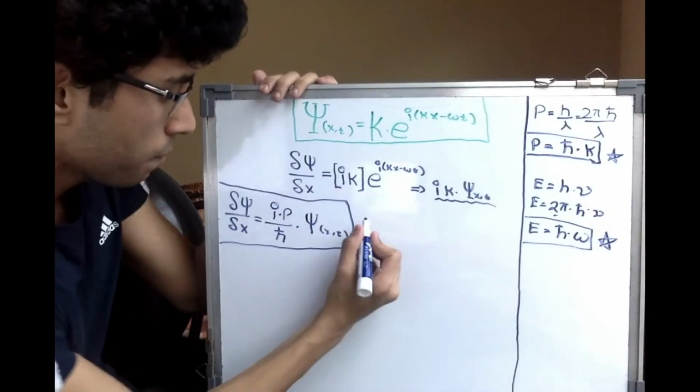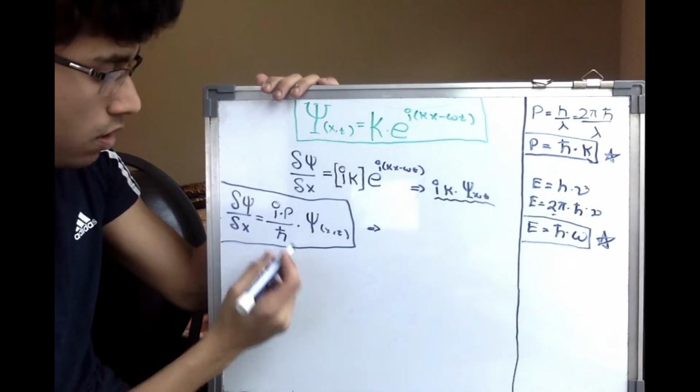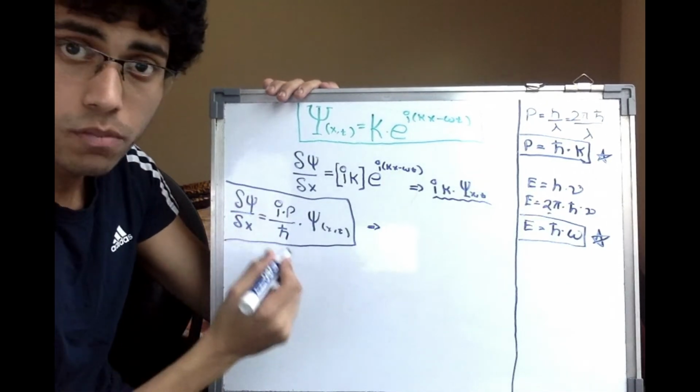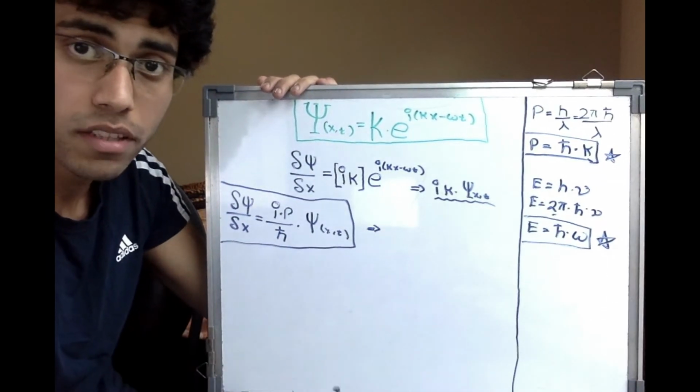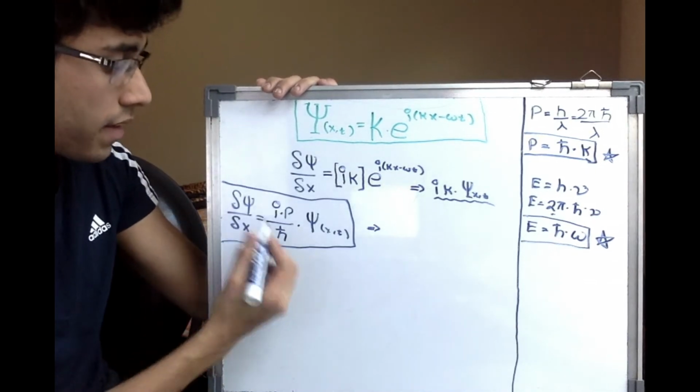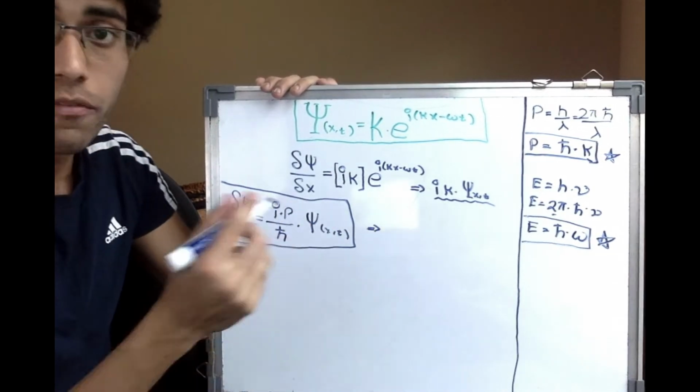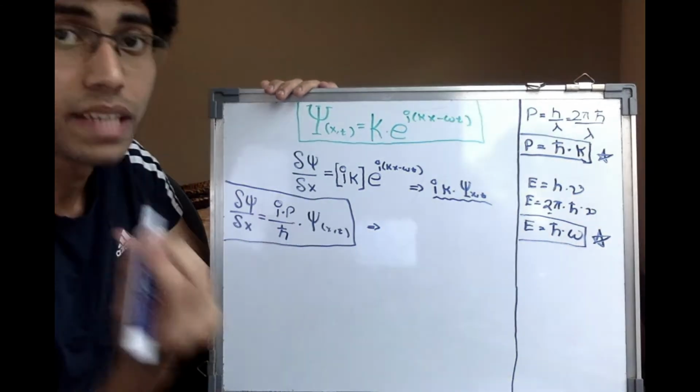So what I can do now is very simple. I just want p, and I want the i term to get cancelled here. So I can multiply this i with negative i, and I can also multiply this whole function with h bar such that the Planck's constant gets cancelled.